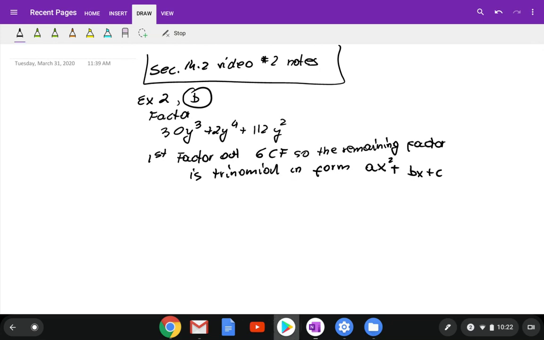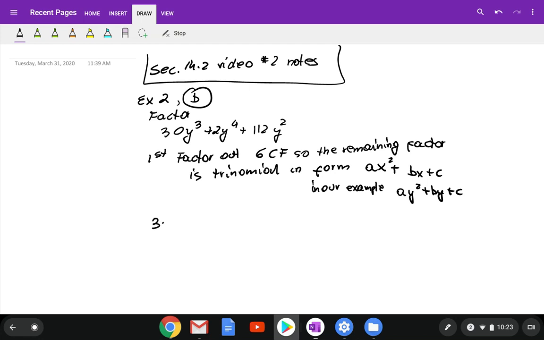In our example, since we're using the variable y, it will be ay squared plus by plus c. That's where we want to get. So we have to factor out the greatest common factor.